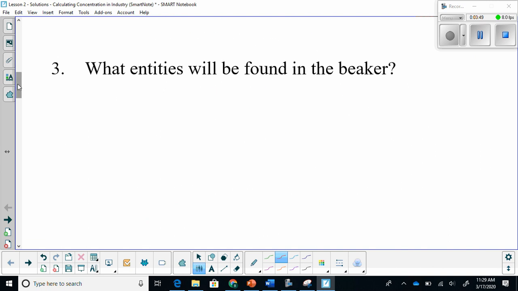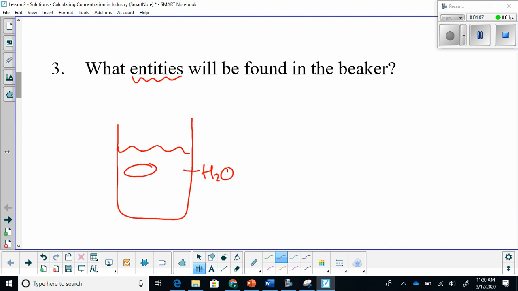The final question asks us what entities will be found in the beaker. Entities basically means what substances, what ions, what molecules will be found in this beaker. So in this beaker, we're going to have water, H2O, floating around, and within it we're going to have compounds. We're going to have calcium carbonate just floating around.